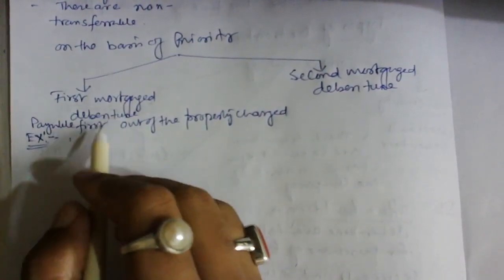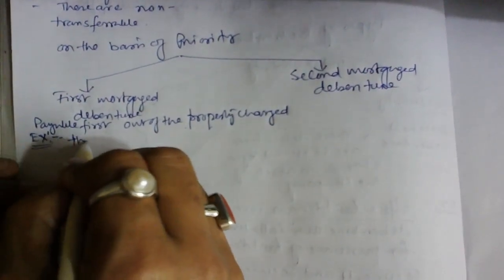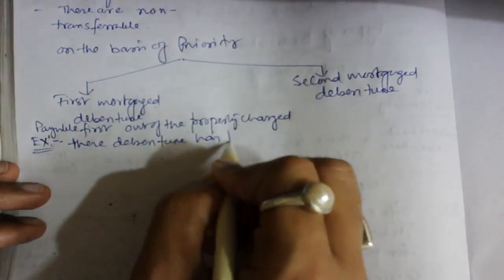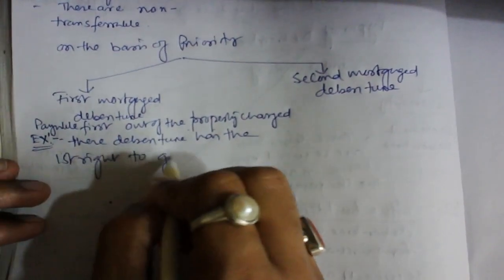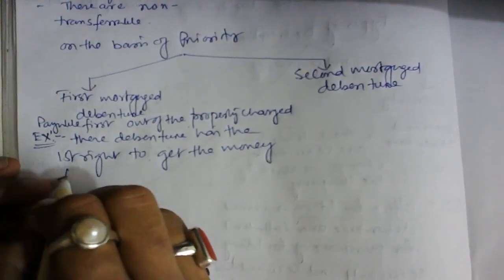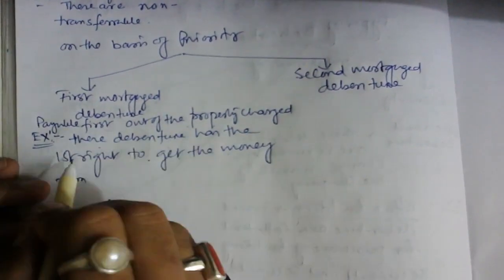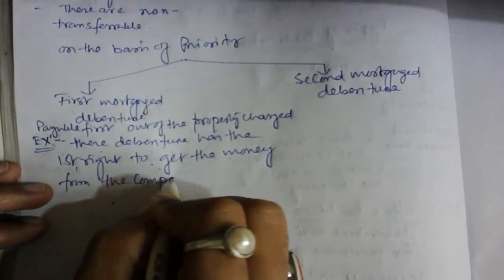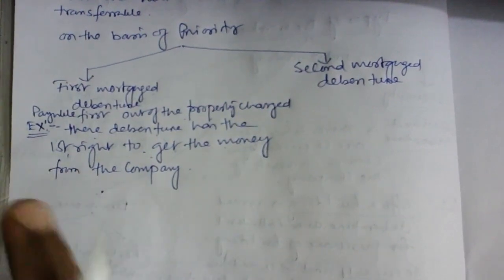When first mortgage debenture is payable first out of the property charge, okay, means this debenture has the first right to get the money from the company. Simple and lucid language. This debenture should be paid first based on the priority.